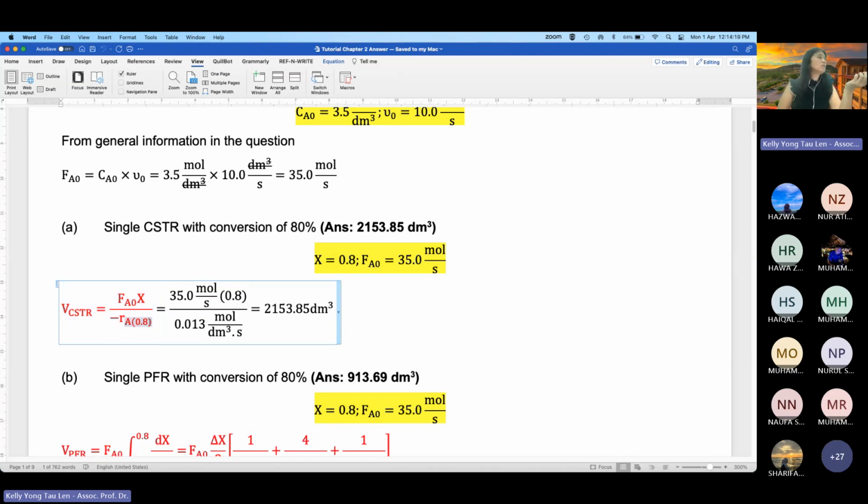When I put the subscript 0.8, it does not mean that you multiply by 0.8. It's just to indicate that you have to use the minus RA when my X is 0.8. So you have to go back and check the table.